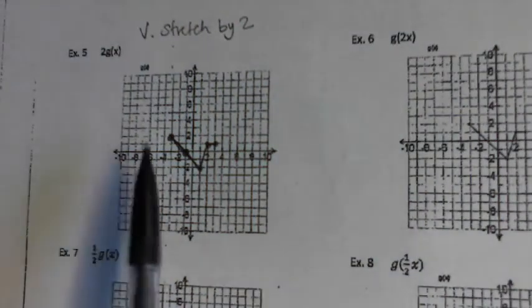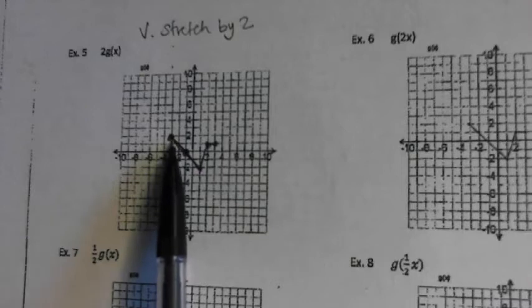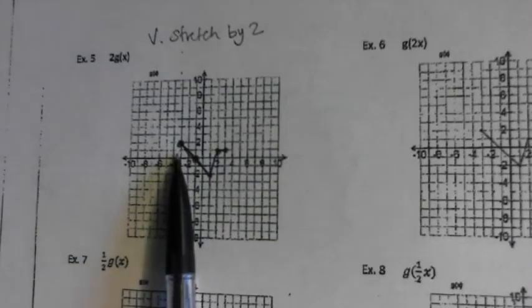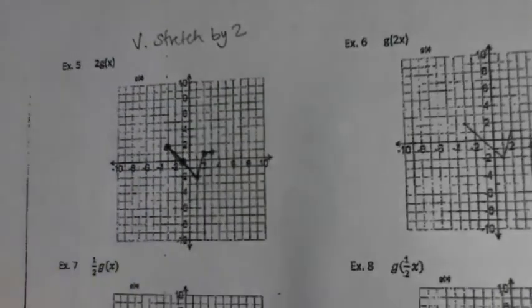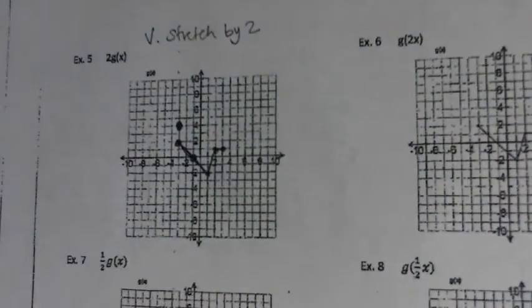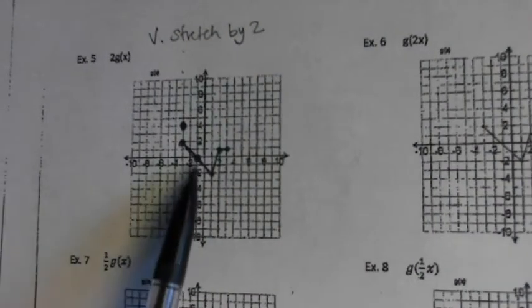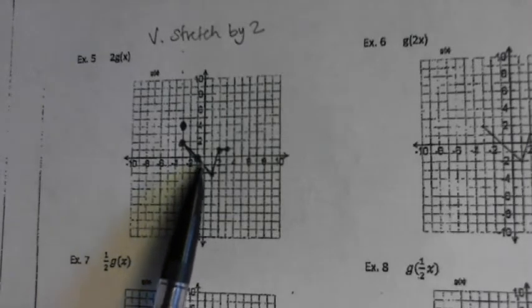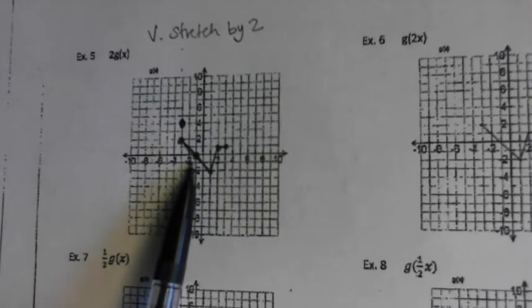So if you start with the first critical point, it is currently 2 units above the x-axis. If we're doubling that, that 2 units is going to become 4 units. If I look at my x-intercept, my next critical point, that's 0 units away from the x-axis. When you double 0, what is that? Still 0.